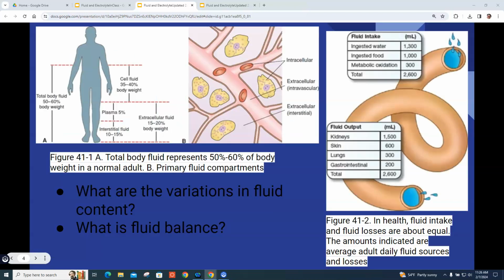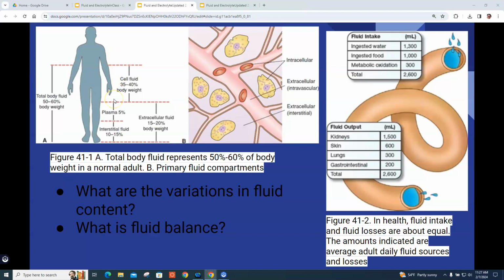If you take a look at the figures here, these are found in your fundamentals text. It gives you good information on how it accounts for 50 to 60% of the body weight and what each fluid compartment accounts for.